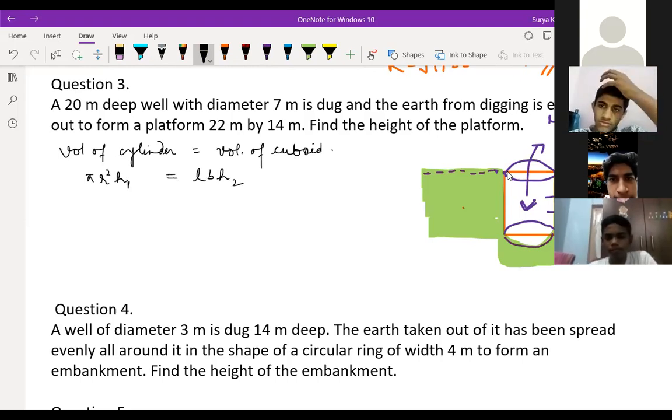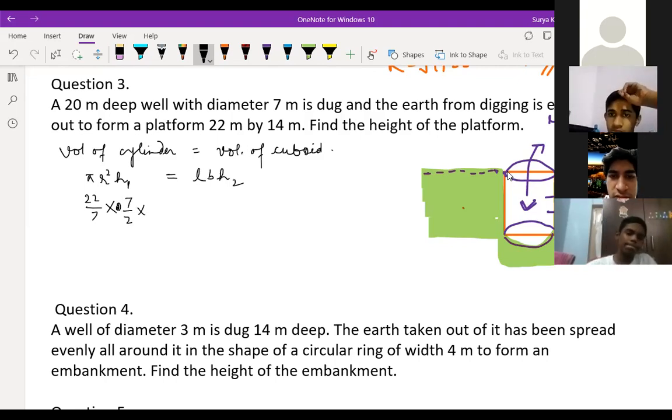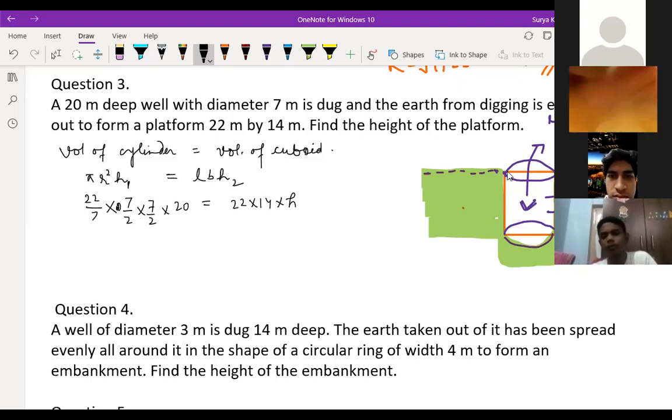These both are different. Now you have to find h2, right, children? So pi is 22 by 7. Cylinder height is 20. First you write this: 22 by 7 into 7 by 2 into 7 by 2 into 20 is equal to lbh, 22 into 14 into h2. So h2 is equal to what you should write?